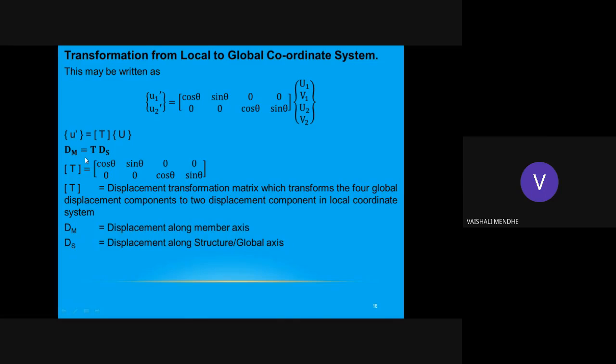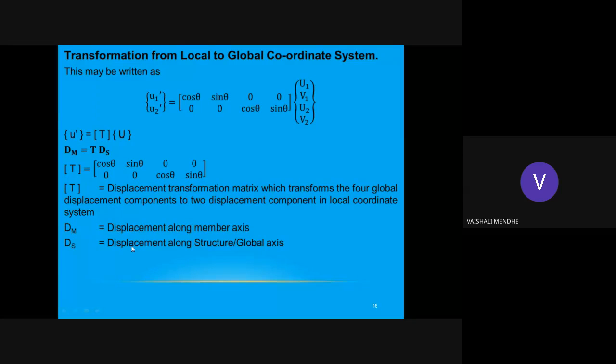Cos theta is cx, sin theta is cy, which is nothing but the direction cosines, the component along x and the component along y direction. So dm is displacement along member, ds is displacement along structure axis.